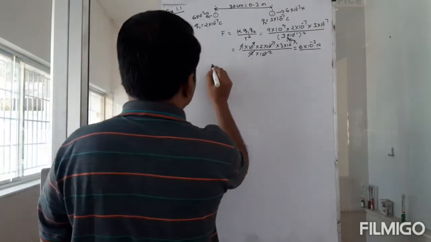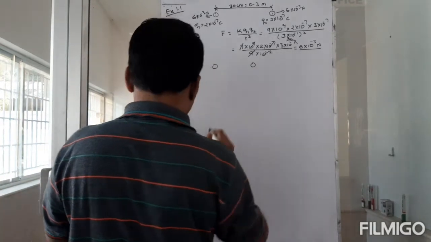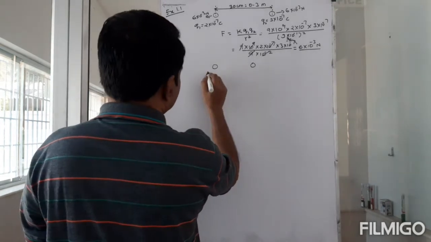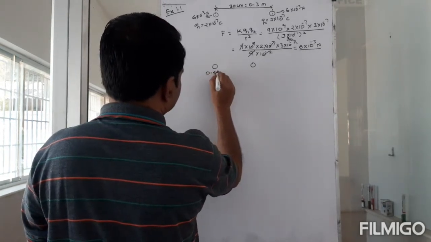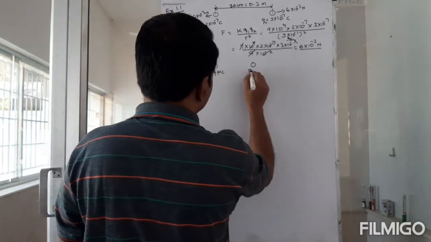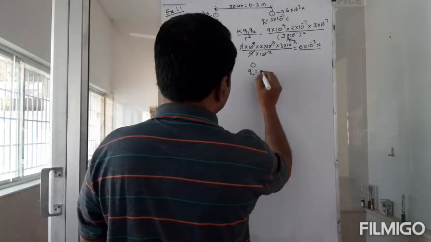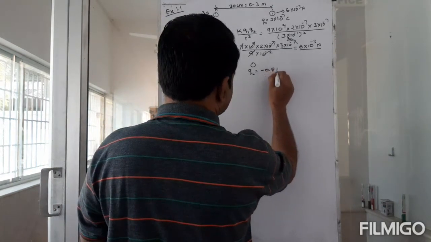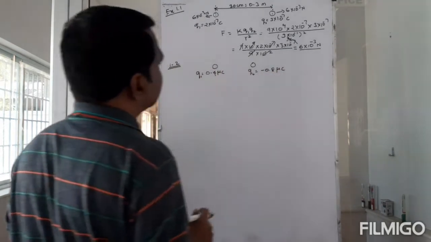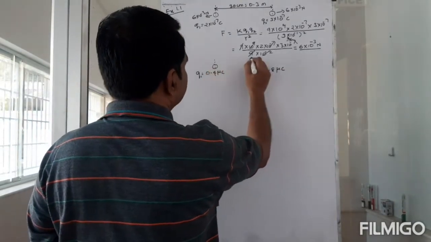We got two spheres again. One is 0.4 microcoulomb, it's Q1, then Q2 is actually minus 0.8 microcoulomb, and you don't know the distance between them.